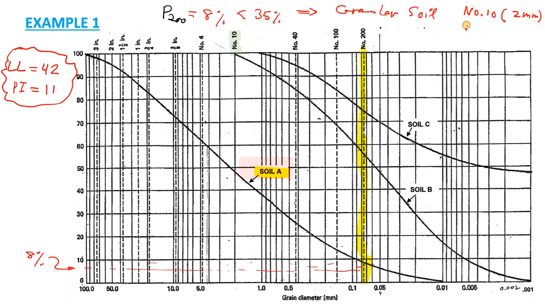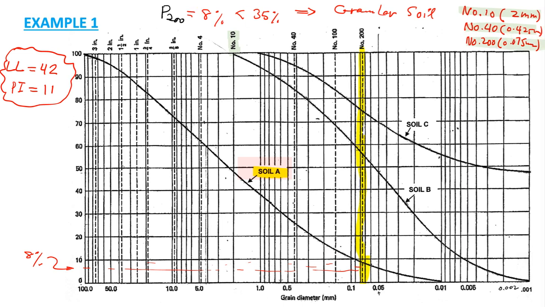Next is the number 40 sieve, which is 0.425 millimeter. And the last one is number 200, which is 0.075 millimeter. So remember these three sieves and their openings. This is very important.